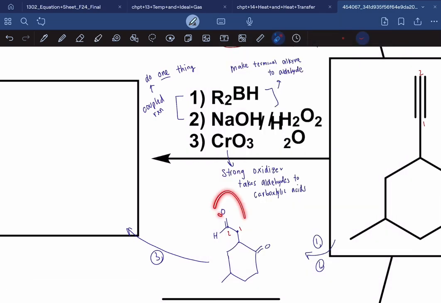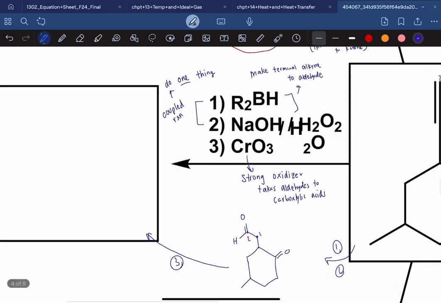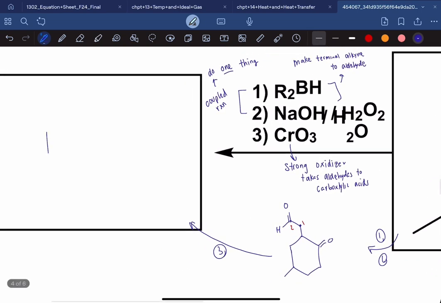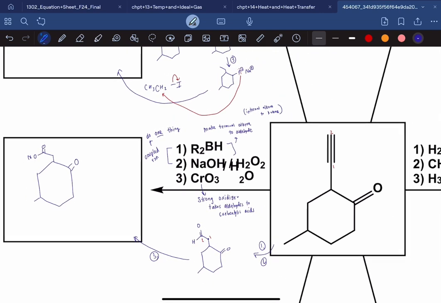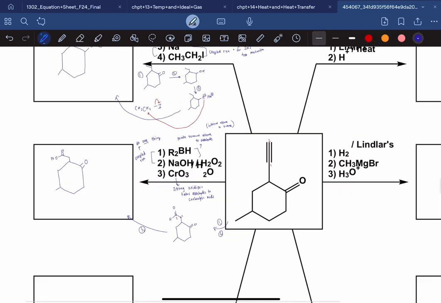It'll take this aldehyde and it'll just turn it into a carboxylic acid. So the answer would just be like this. Oh my goodness. Like this. Like that, right? And that would be box number 2 done. Okay. So hopefully that makes sense.